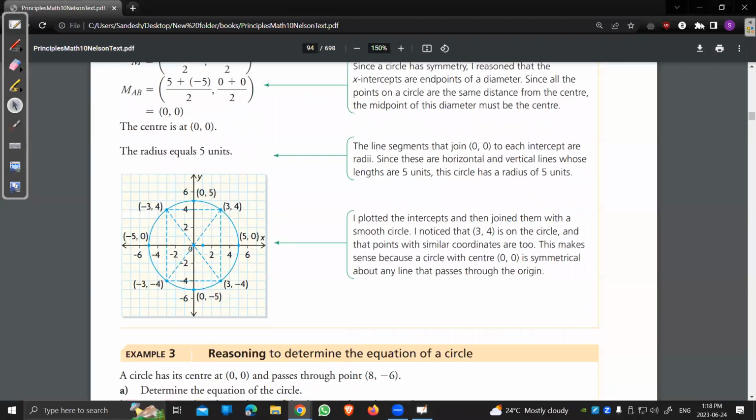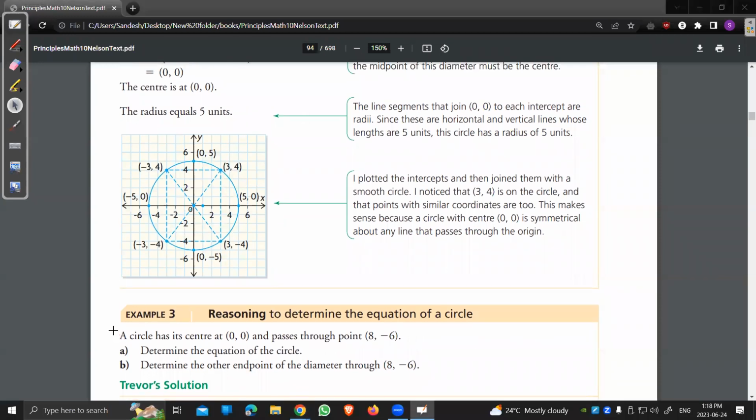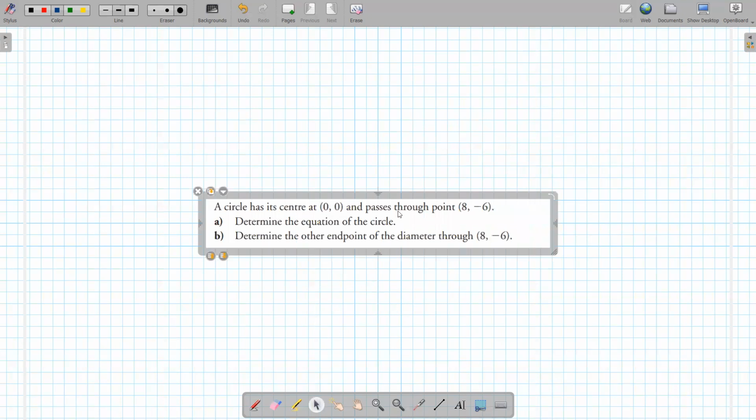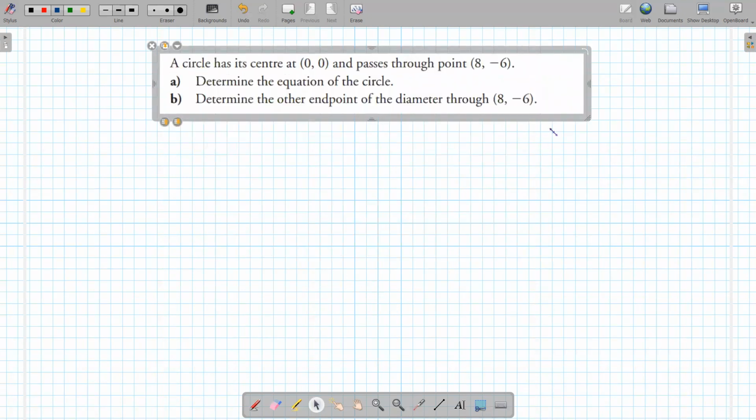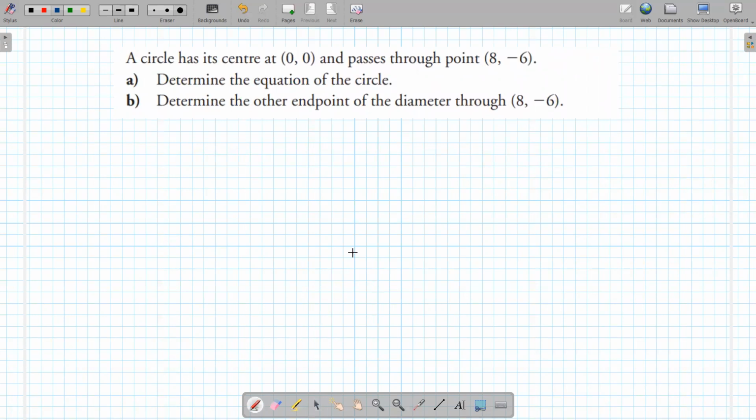Let's look at another question here. A circle has a center at 0, 0, and it passes through 8, -6. So 8, -6 is down there.